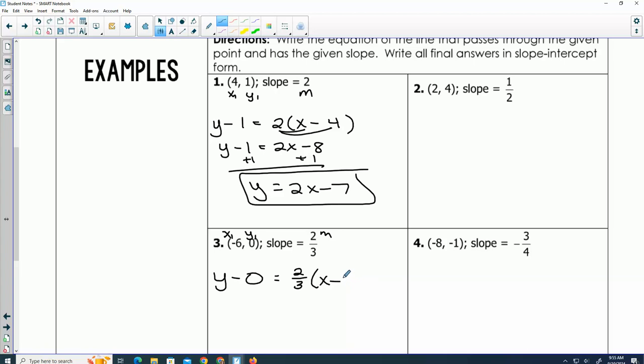What happens if you have minus negative 6? Okay. So it was minus a negative 6, so it became positive 6. So y minus 0 is just y. If we distribute, we get 2/3 x plus 4. And this one, the y is already by itself, so we don't have to do anything else.